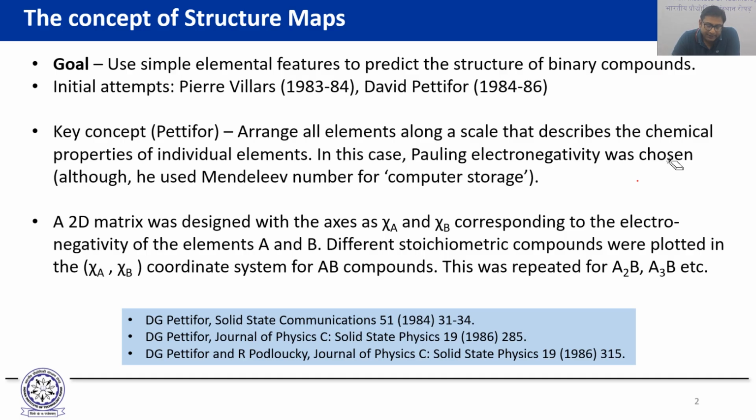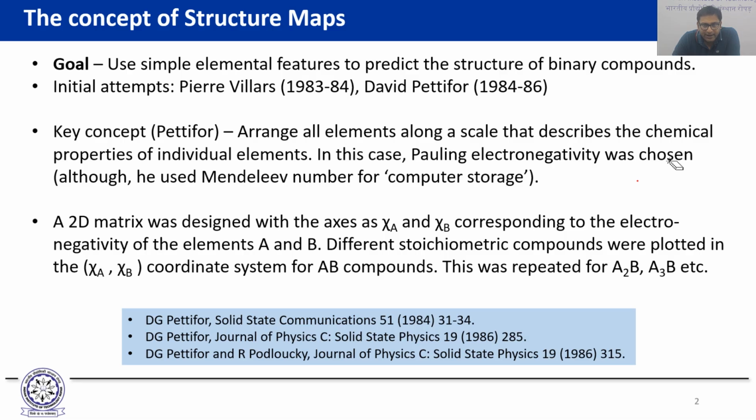So Pettifor went ahead and designed a 2D matrix. It was 2D because he was looking to predict the structure of binary compounds. And so that would have two different elements and they would have two different electronegativities. So when he designed this 2D matrix, he basically had two axes.